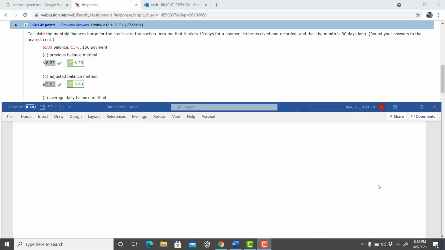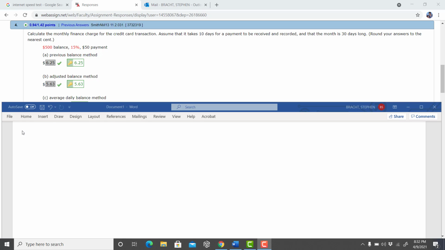So when it says assume that it takes 10 days for a payment to be received and recorded, that basically means that on the 10th of the month, that's when the payment is recorded, and the month is 30 days long, right? So at the beginning of the month, the balance is $500.